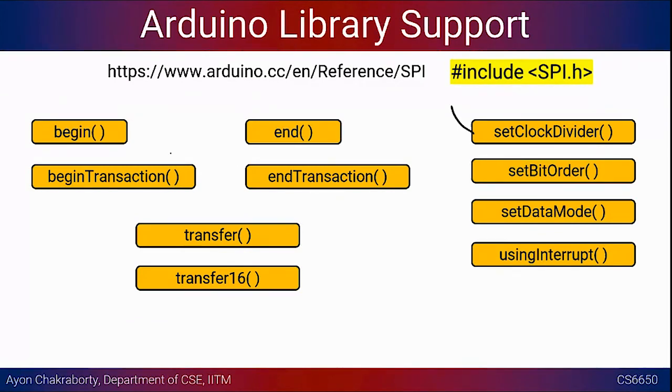This is going to start the SPI interface, enable all the interrupts and so on. This is going to enable the interrupt. So all the configurations can be done using these APIs, right? You can begin a transaction, end a transaction. You can transfer a certain byte. You can transfer 2 bytes using the transfer16 function and so on. So this support library exists.